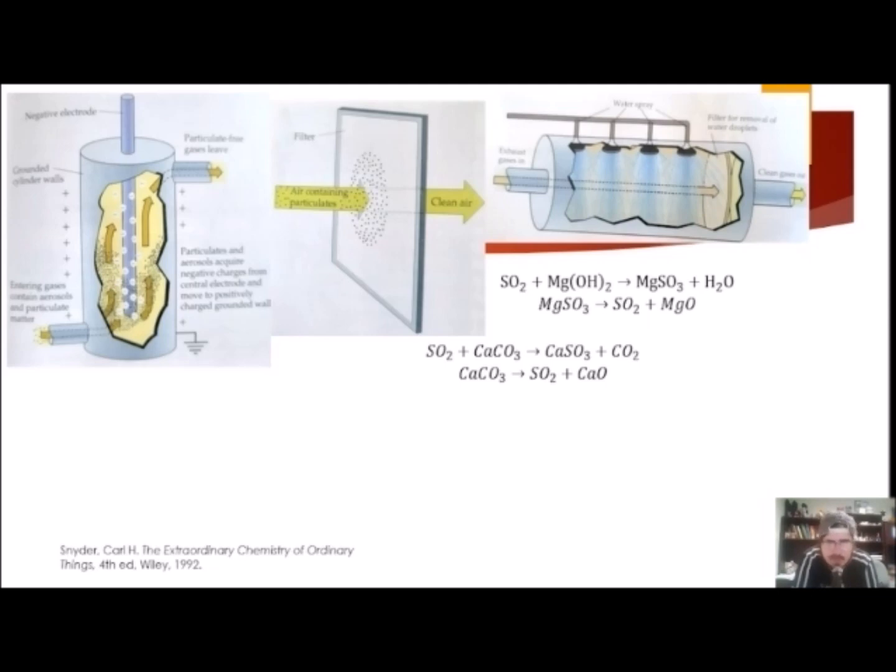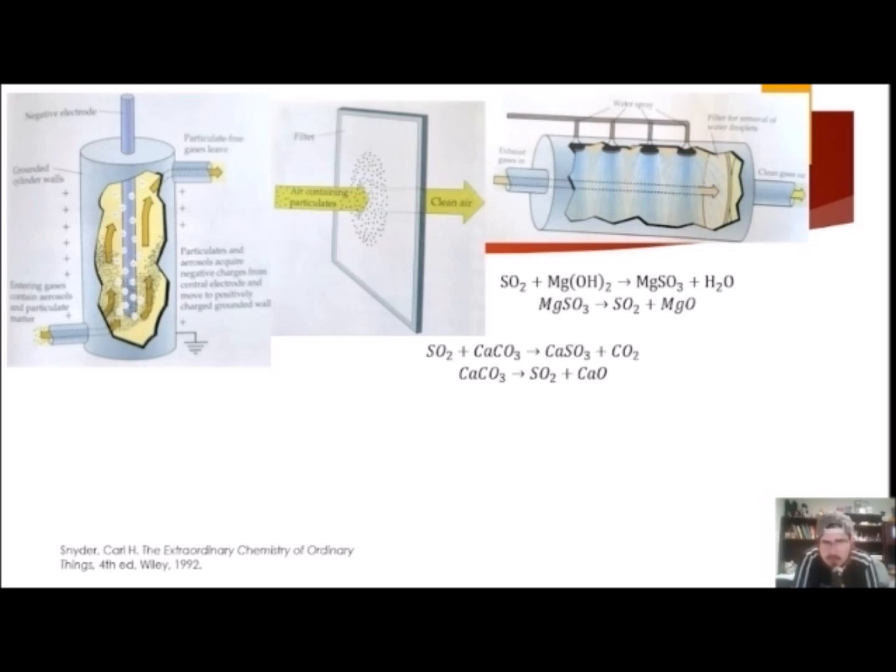So we pass air through a water misting system. As the gas gets sprayed, the water absorbs onto the aerosols and the solids, and it's passed through a filter with a fine slurry of things like calcium carbonate or magnesium oxide.